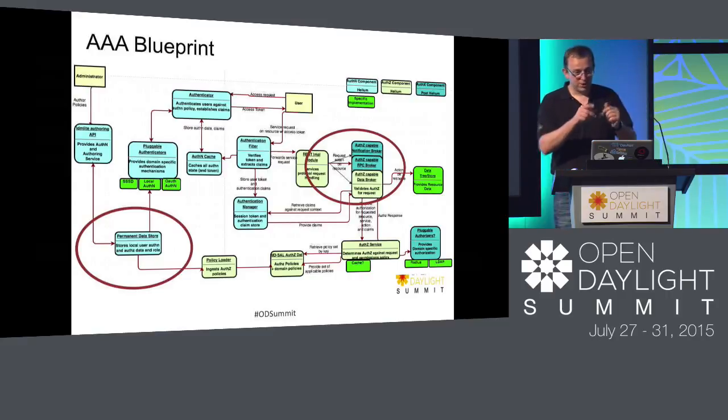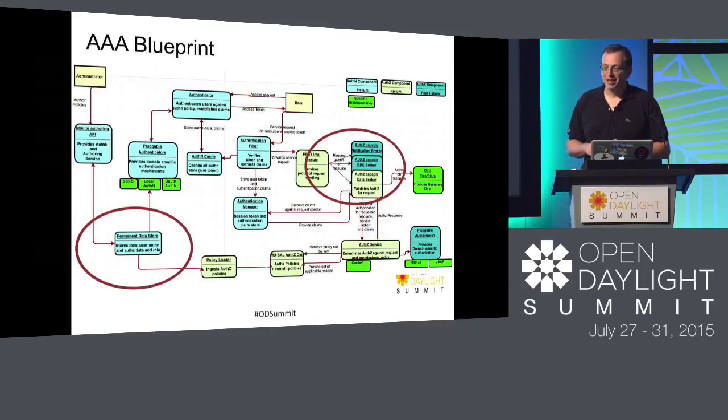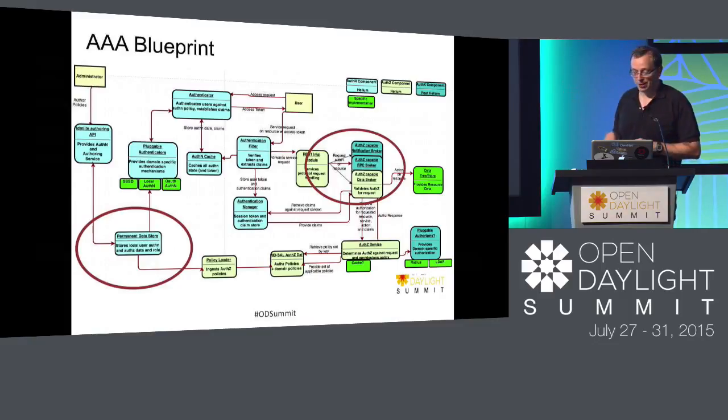Brian here will be doing a little demo with Shiro later on, perhaps, if we have time. Shiro is an open source framework for AAA, and we have considered it at various stages, even while drawing up this blueprint.